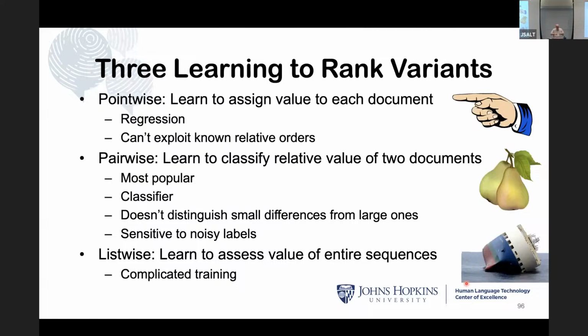Okay? Second, pairwise, you're trying to classify the relative relevance of two different documents. Okay, so you want the system to say, of these two documents, this one's more relevant than this one. And so you build a classifier for that that just says this is more important or it's not more important. It doesn't distinguish small differences from large ones, right?